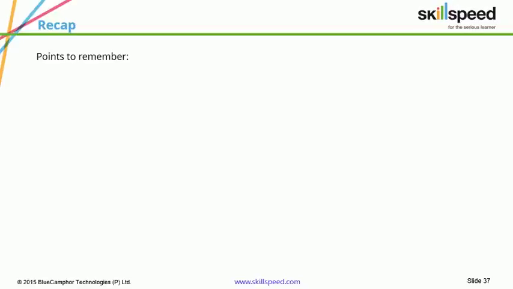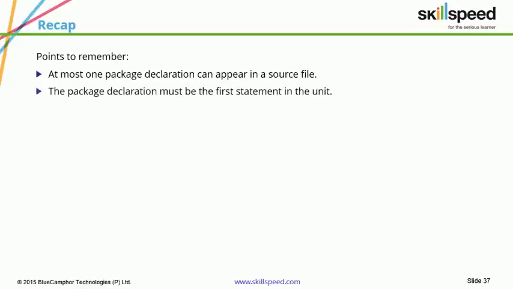Let us have a recap of all the important points that we have gone through in brief. At most, only one package declaration can appear in a source file. The package declaration must be the first statement in a source file. Every class is part of some package.